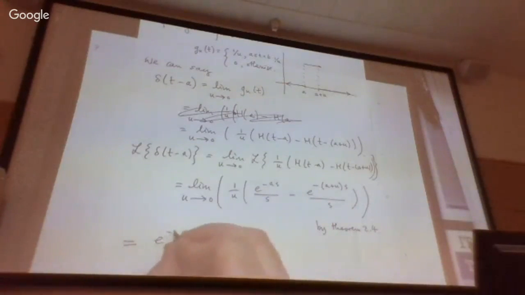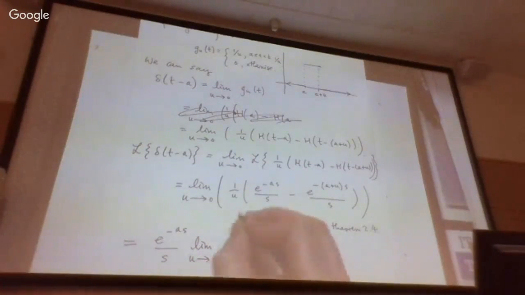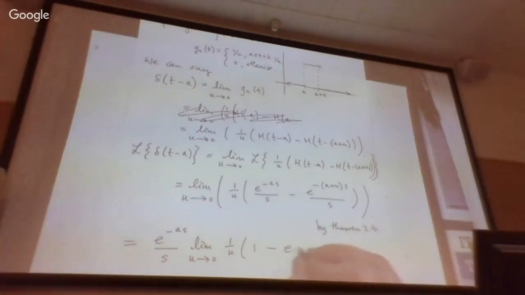So it's going to be e to the minus as over s times the limit as u goes to 0 of 1 over u. And what's left behind after you take out that factor? Well, you've got a 1 here and a minus e to the minus us.